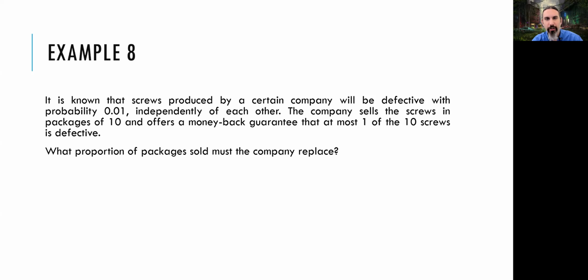For no defective screws, here we are going to use a binomial random variable, and we are going to have to talk about the success and success rate. In here, success is finding a defective screw. So it's a bit counterintuitive. Finding something bad is a success. It shouldn't be, but it is. You can just assume which one is a success and which one is a failure as you like.